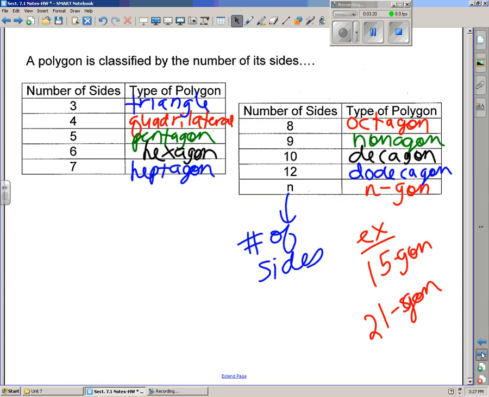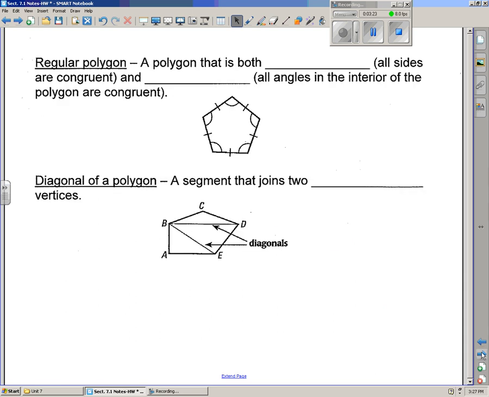Then we talk about regular polygons. A regular polygon is a polygon that is both equilateral, all sides the same, and equiangular, all interior angles are the same. And your drawing is marked as such. The sides are all marked and the angles are all marked.